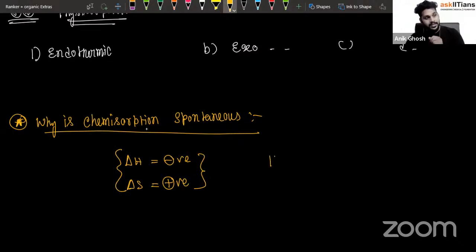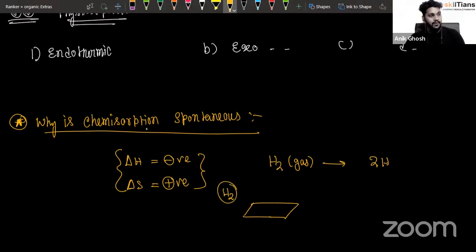Why is that? Let's say there is hydrogen gas. After chemisorption, it becomes 2 hydrogen atoms, right? So let's say we start with hydrogen on a surface. The hydrogen gas would be getting adsorbed there, and when they're getting adsorbed, they are not physisorbed, they are chemisorbed, meaning they're making bonds in between, right?